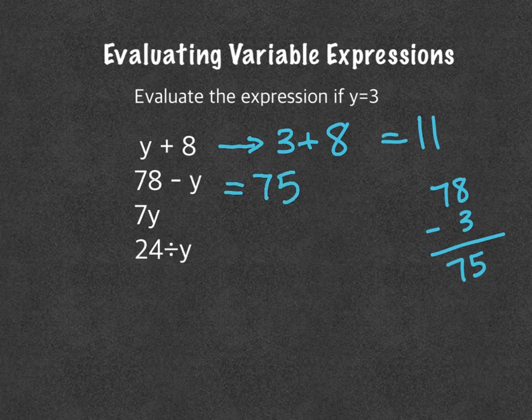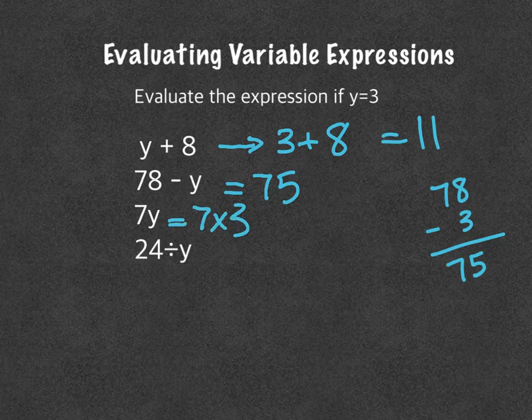So this is what we're talking about with expressions. See how they don't actually have equal signs? So that's where we're looking at expression instead of equation. Now with 7y, when a number is next to a variable, that means multiplication. So 7y would be the same as 7 times 3.